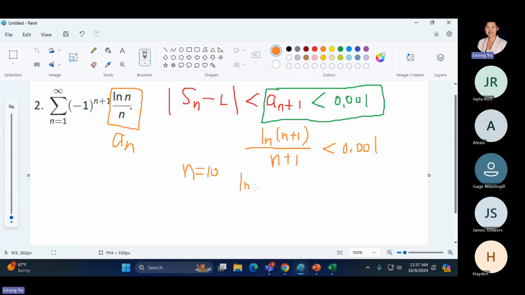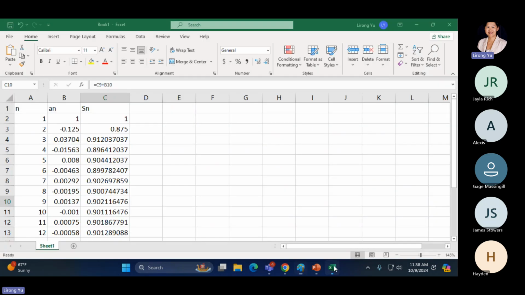Then we have natural log of 11 over 11. We want to see whether it's less than 0.01 or not. We can do the calculation or use this as our calculator. So right here we have our n. Here we're going to calculate natural log of n plus 1 divided by n plus 1. After comparison, we can see what kind of n will be appropriate.